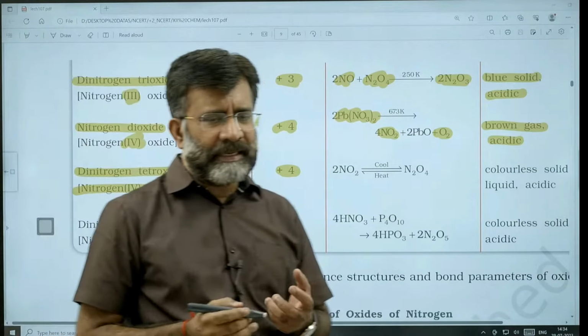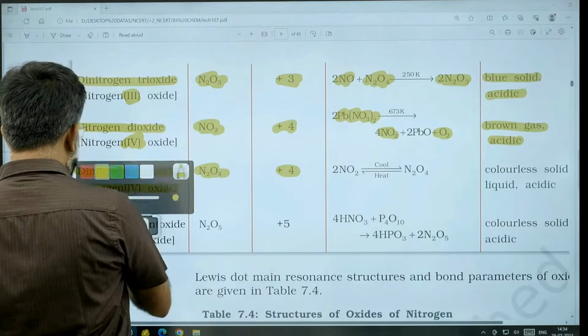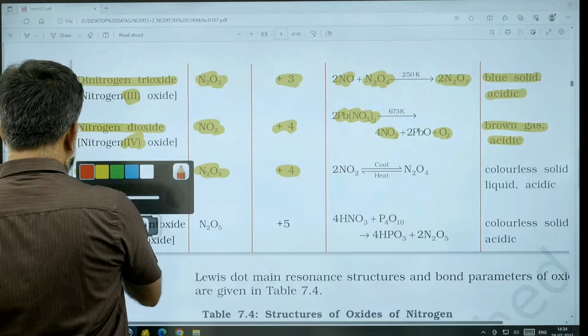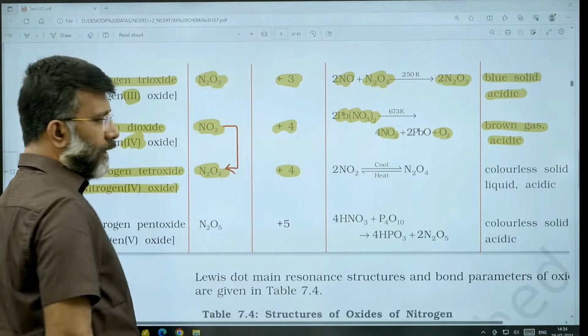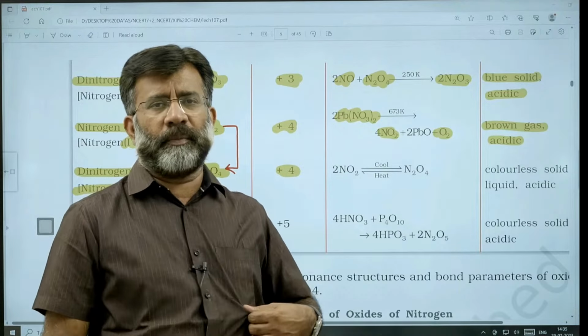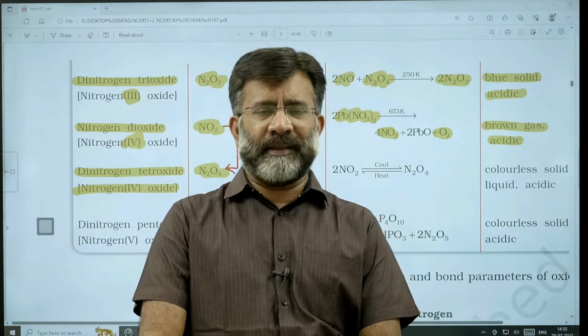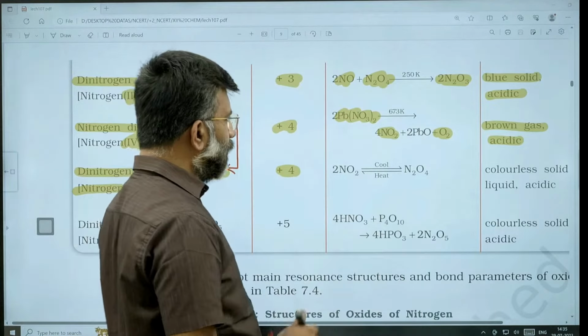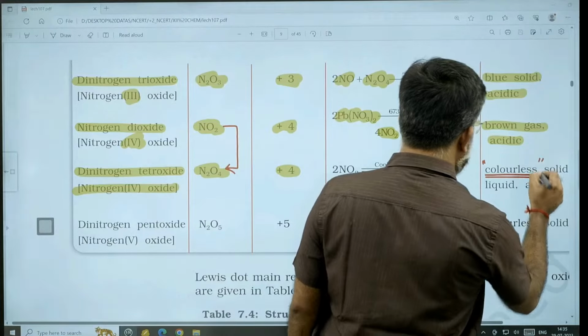N2O4 is basically a dimer of NO2. NO2 undergoing dimerization, you get N2O4. So two NO2 molecules joining to form a dimerization, we get a dinitrogen tetroxide N2O4, where that single electron is used up for bonding and hence it turned colorless in nature.